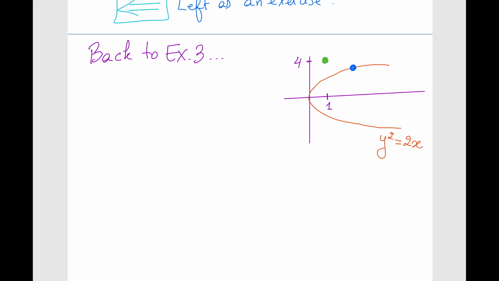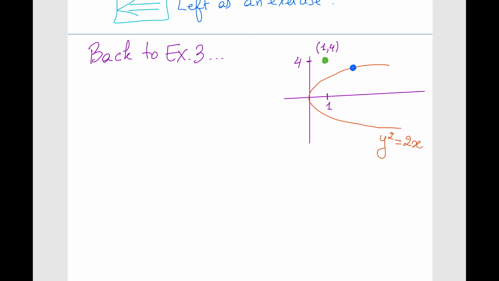This point has coordinates (1, 4). So I want to find the closest point on the graph to that green point. Please stop this video and try to come up with it on your own, and once you do so, let's keep going.